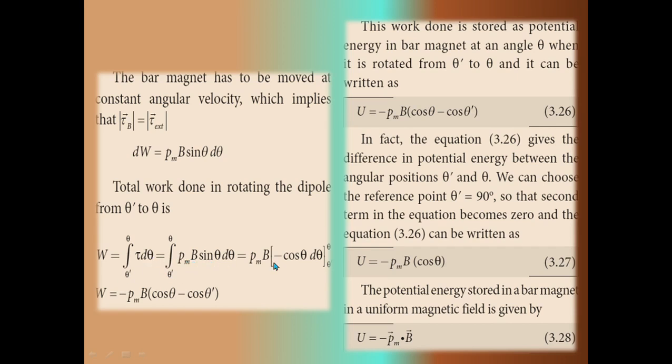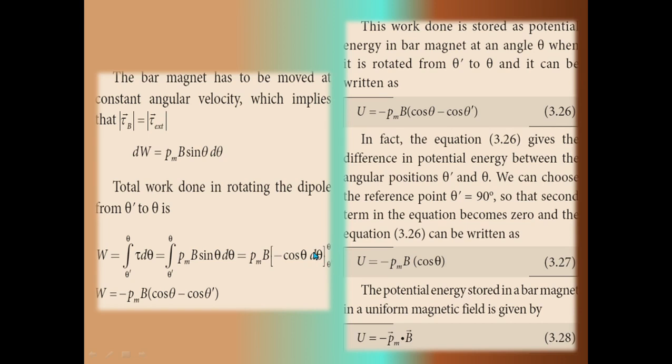This term is equal to PM B into the integration of sin theta, which is nothing but minus cos theta. Here there is a very small error in your textbook: we can only put minus cos theta, d theta is not mentioned because this term is integrated. So PM B times minus cos theta, with limits theta dash to theta.